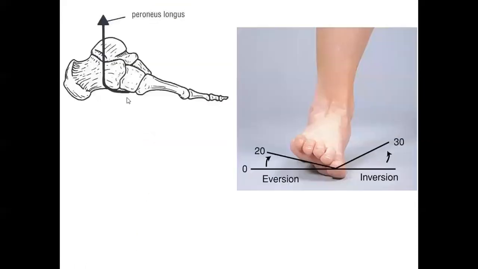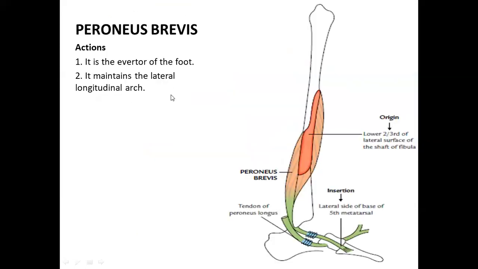Okay, now talking about another muscle, the peroneus brevis muscle. It is a small muscle. It arises from the lower 2/3 of the lateral surface of the shaft of the fibula. The muscle converges to form a tendon. This tendon passes behind the lateral malleolus, and then it passes superior to the peroneal trochlea.